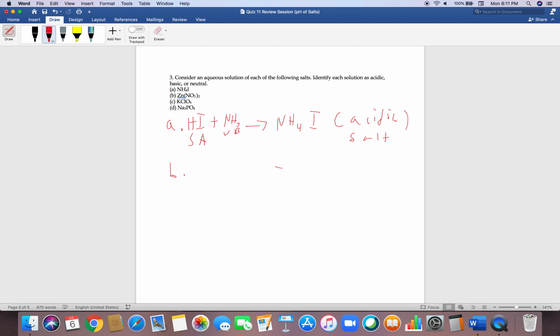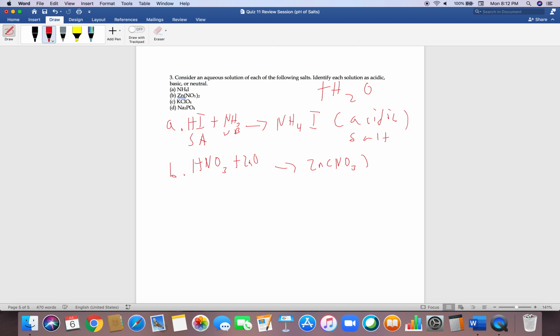B, we're getting zinc nitrate. Also, by the way, in all of these, since it's neutralization, we're getting water as a product, but I'm not going to write that each time. So zinc nitrate, what's that coming from? Well, it's got to come from nitric acid, right, because that's where that nitrate's coming from, and zinc hydroxide.